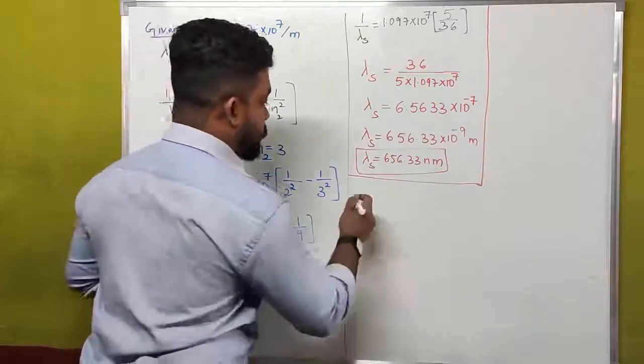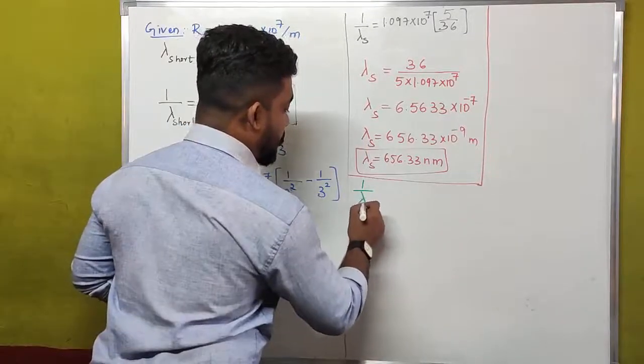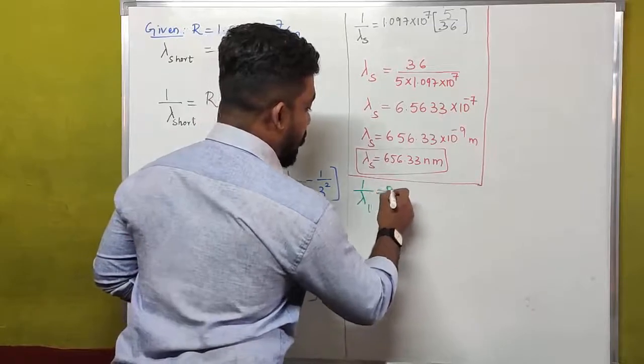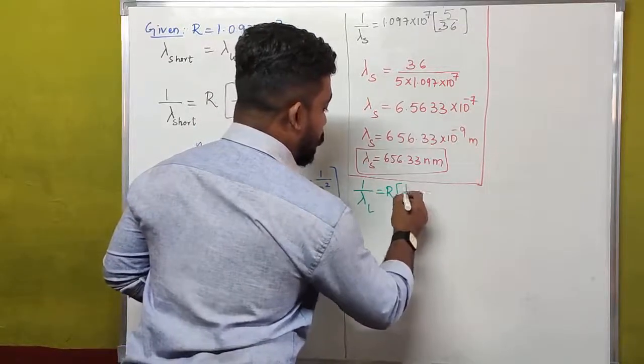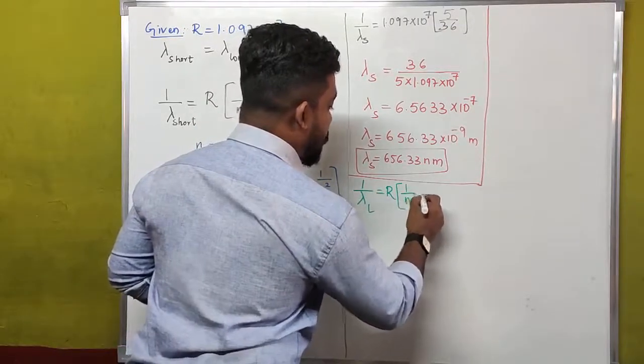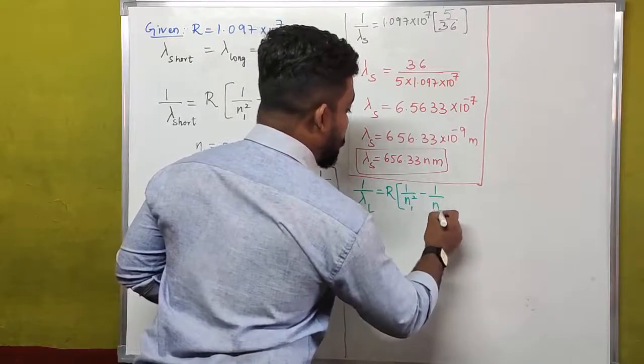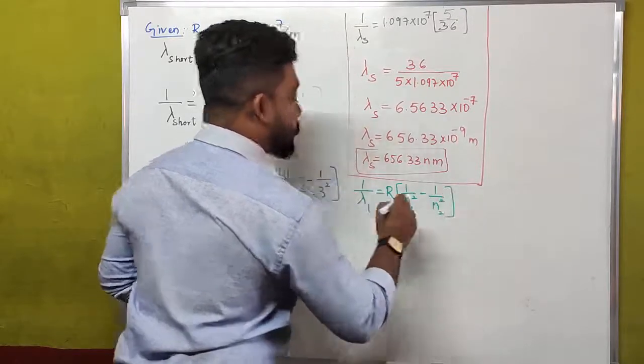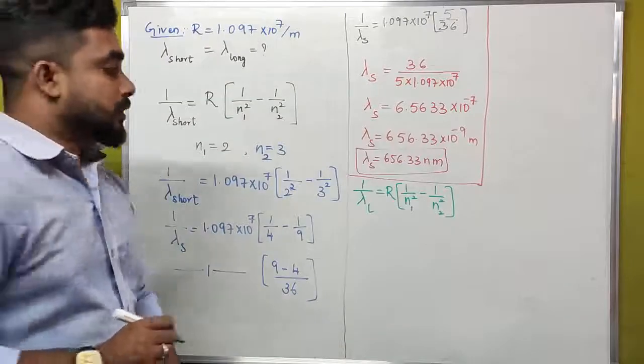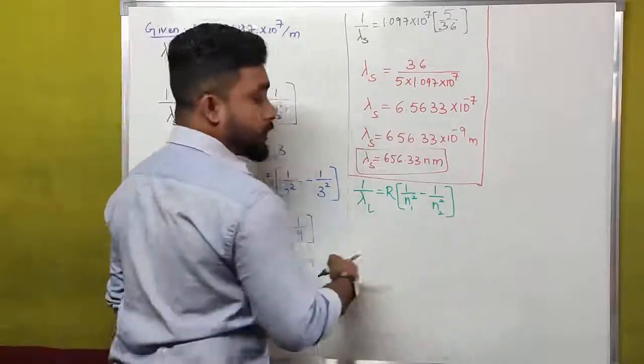longest wavelength? That is 1 over lambda L is equal to R into 1 divided by N1 square minus 1 divided by N2 square. This is for the longest wavelength. What are N1 and N2 here?